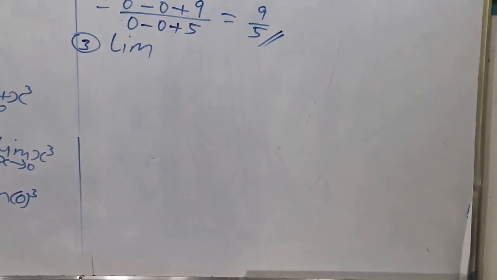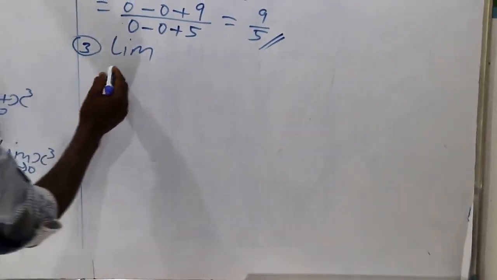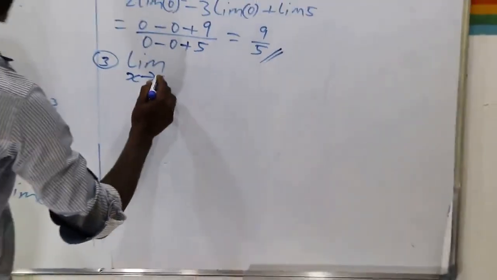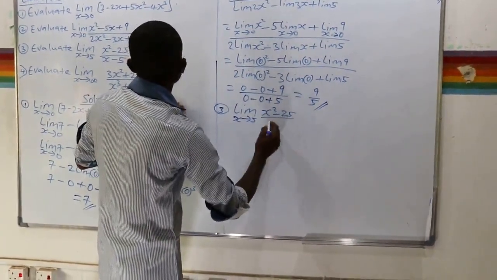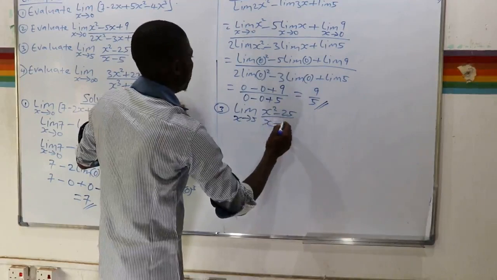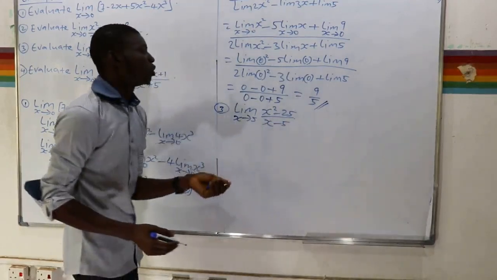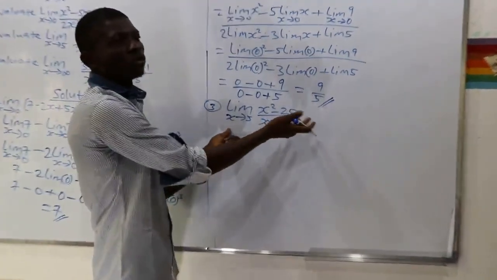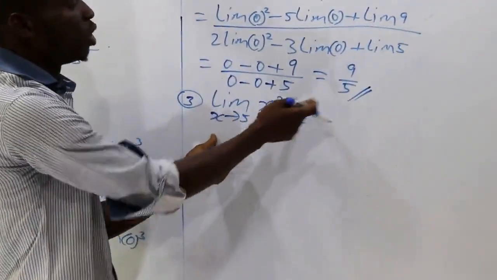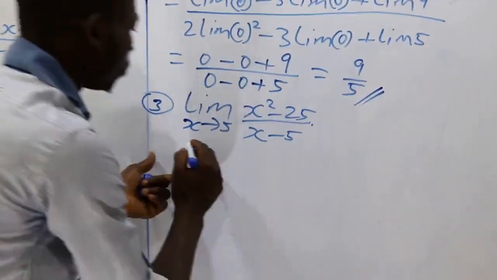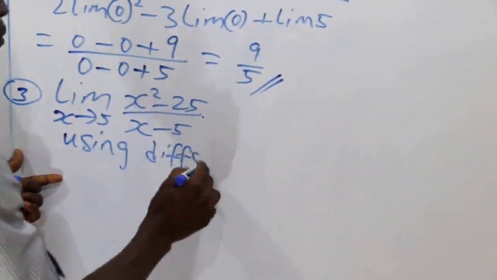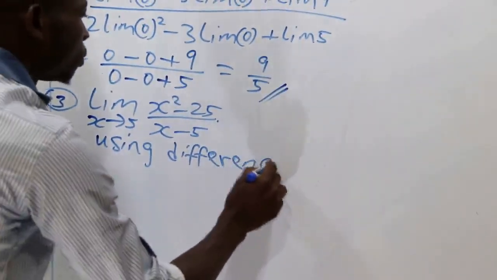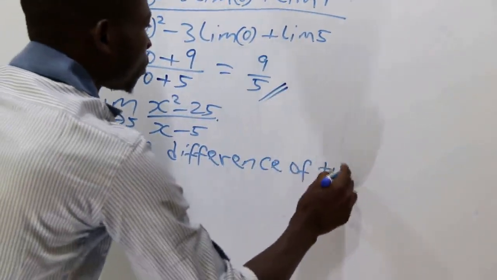For the third example, we are given lim x tends to 5 of x squared minus 25 divided by x minus 5. Now this one is a difference of two squares. We have x squared minus 25, using difference of two squares.